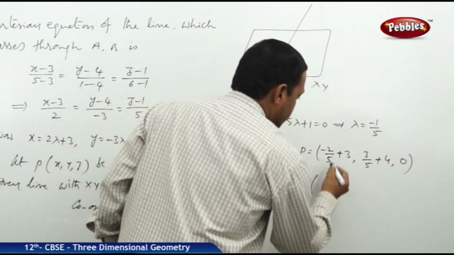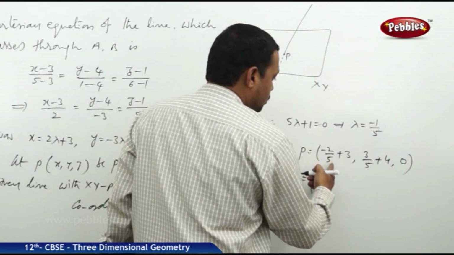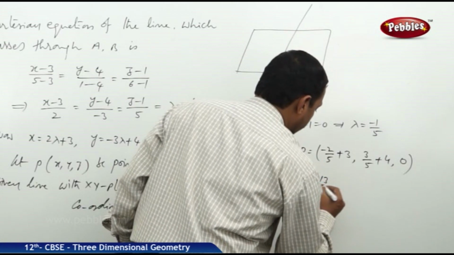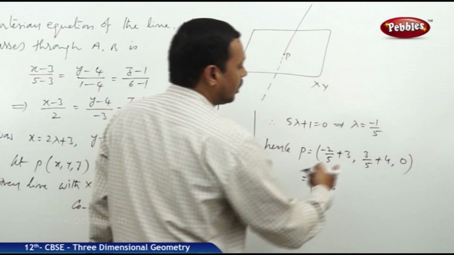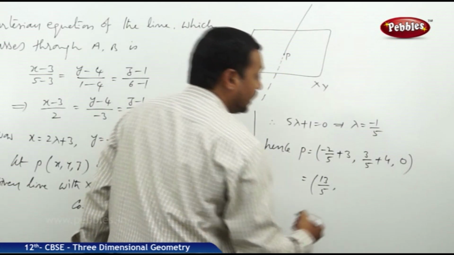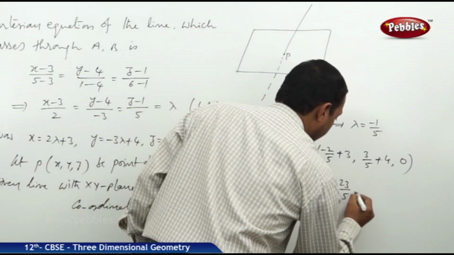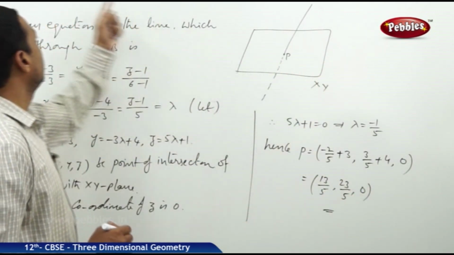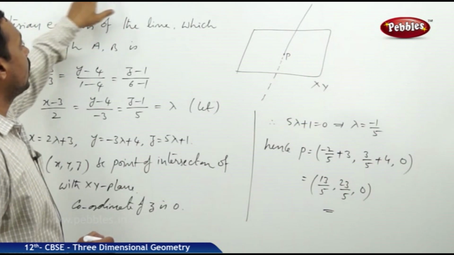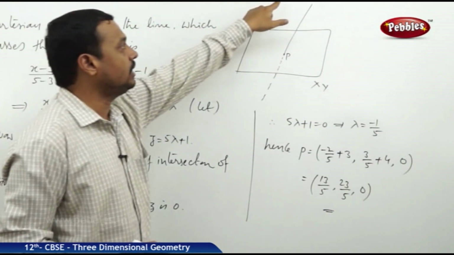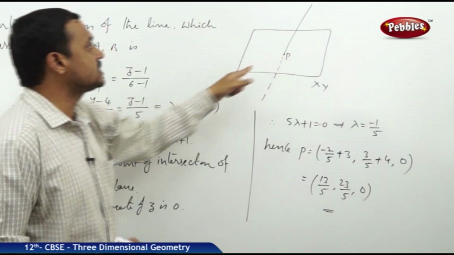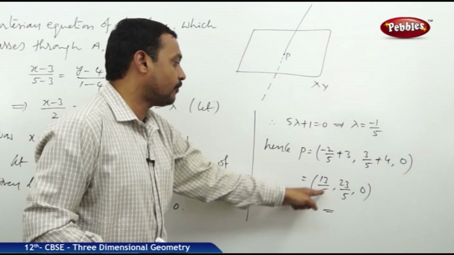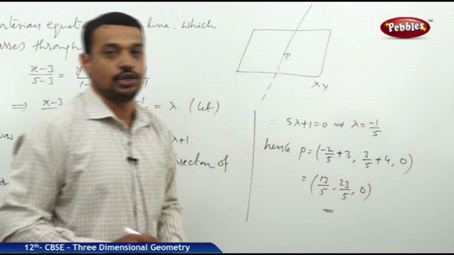Taking the LCM, minus 2 plus 15 is 13/5, comma, 3 plus 20 is 23/5, comma, 0. Therefore, the coordinates of the point where the line passing through the two given points cuts the xy plane is (13/5, 23/5, 0).